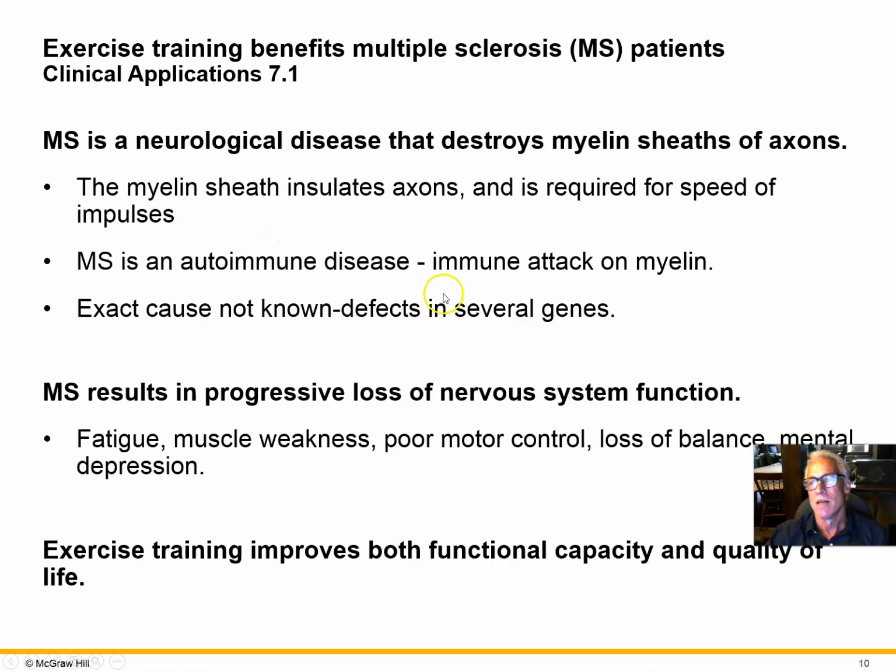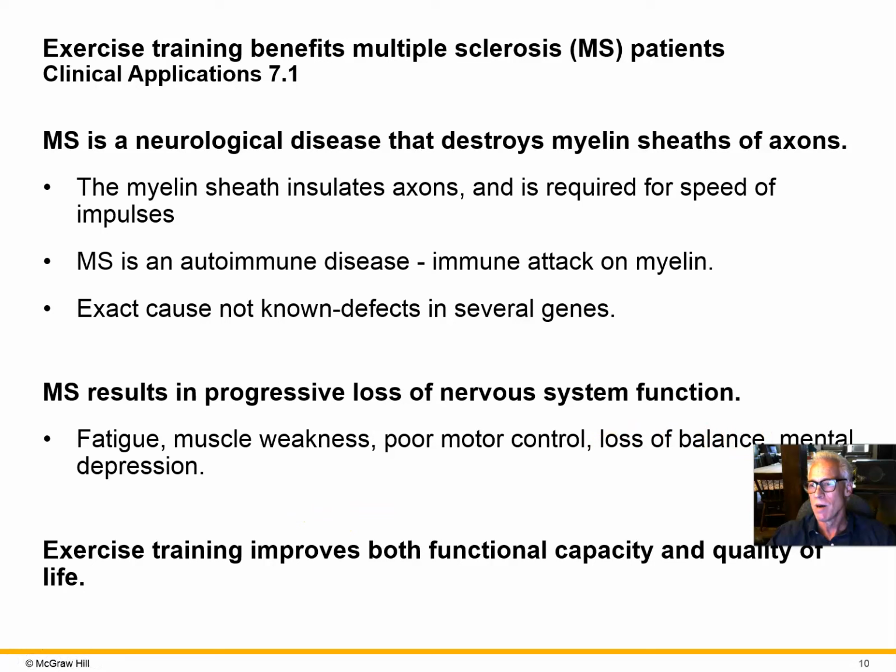It destroys the myelin sheath and ultimately the axons, and as it progresses, the person with this disease becomes fatigued, experiences muscle weakness, loses motor control and coordination, loses balance, and starts dealing with various personality changes and mood disorders. It's all about not being able to properly send signals at the appropriate pace down the axon of billions of neurons in the nervous system.